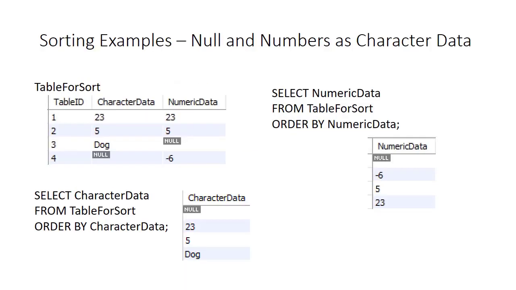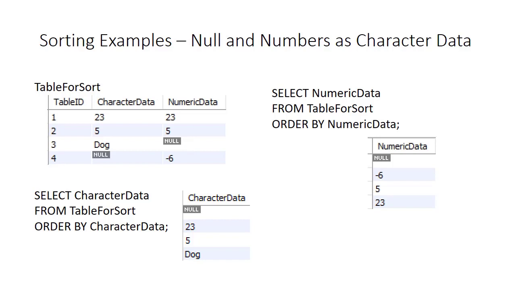This slide shows some details of how SQL sorts numeric and character data. This is our input table. You can see here we have character data. Our character data has numbers in it. They're numbers that are coded as character data, and here's a null value. And here's our numeric data, 2 positive numbers, a null value, and a negative number.